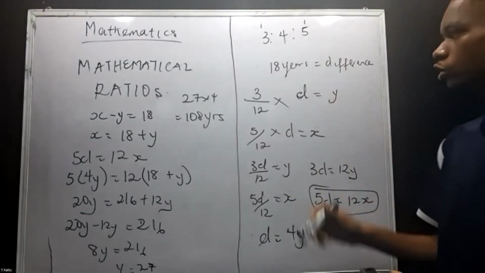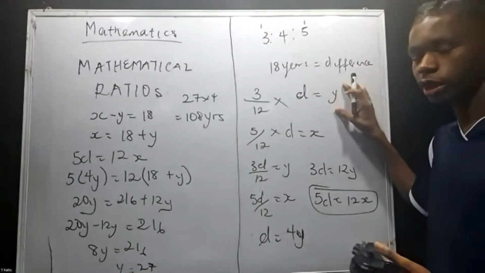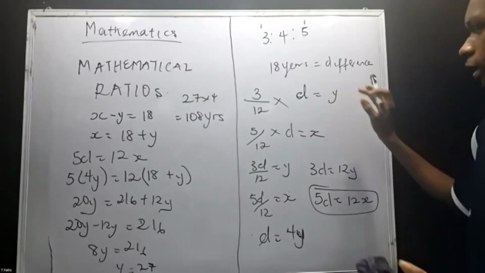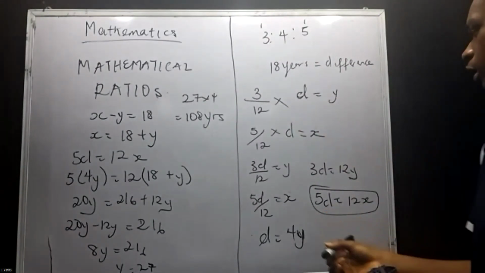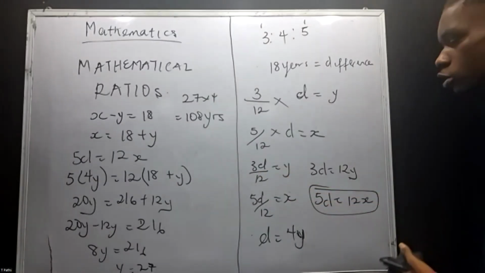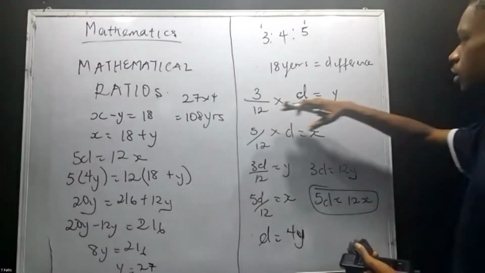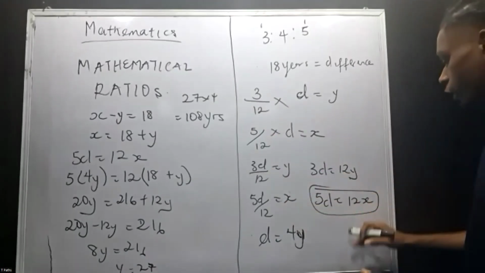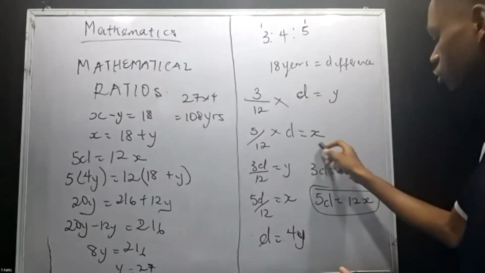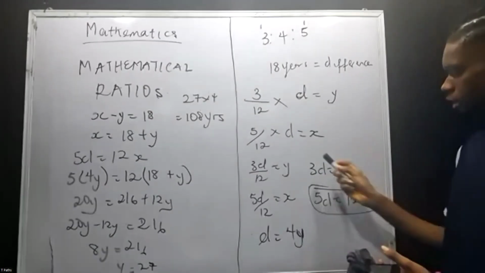I'm taking the unit share of the youngest man as y and the age of the oldest man as x. From here, I can get two different equations, which are 3d equals 12y and 5d equals 12x.